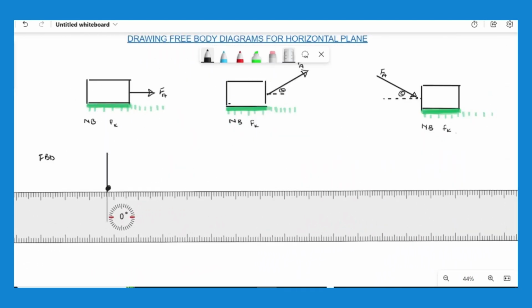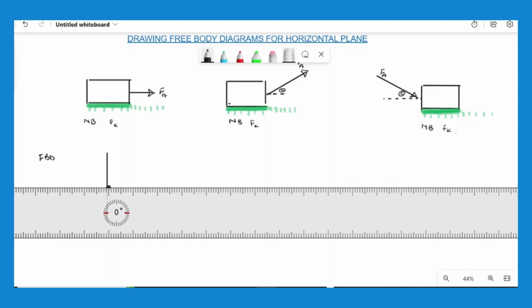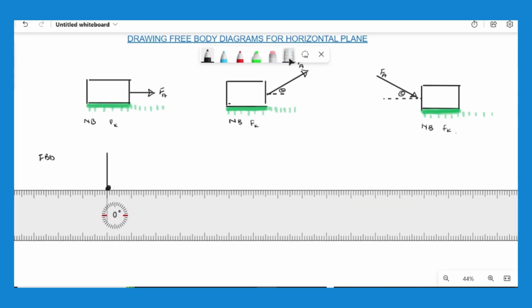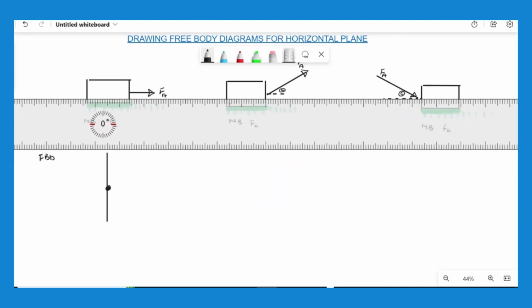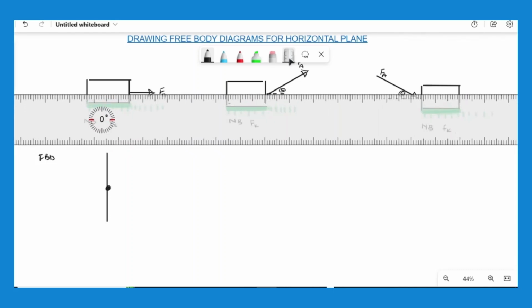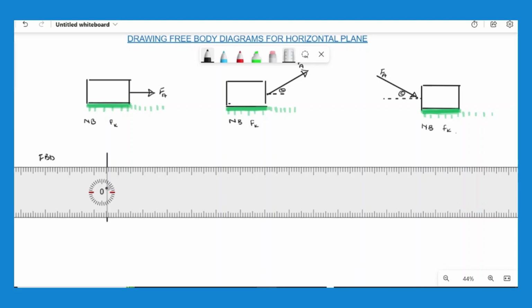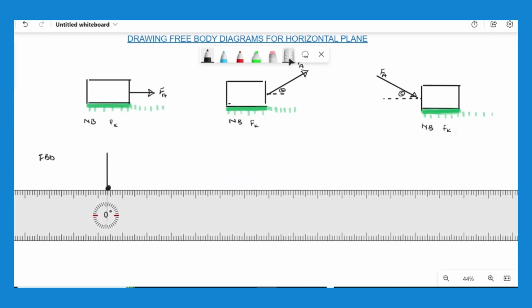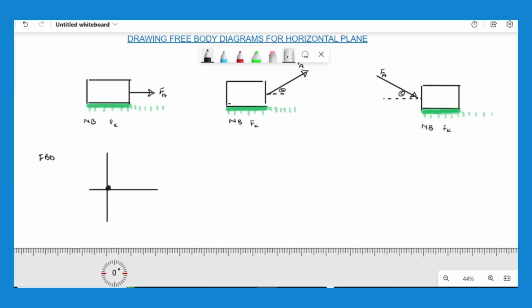Then along the motion of the object, we are going to have the force applied in that same direction. I take it as it is from there, and I put it from the point in my free body diagram, and the force must point away. And opposing that, I'm going to have the frictional force opposing the motion of the object. Very, very important to know that.